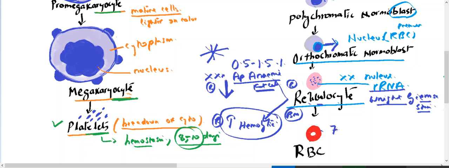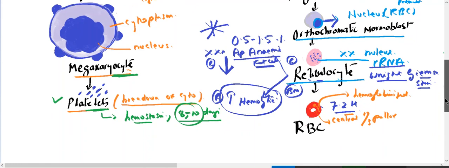Normally the size of the RBC is 7.2 micron, guys, and this RBC has a central one third that is paler, which means all the rest of the portion is hemoglobinized. Okay, what is the lifespan of the RBC?